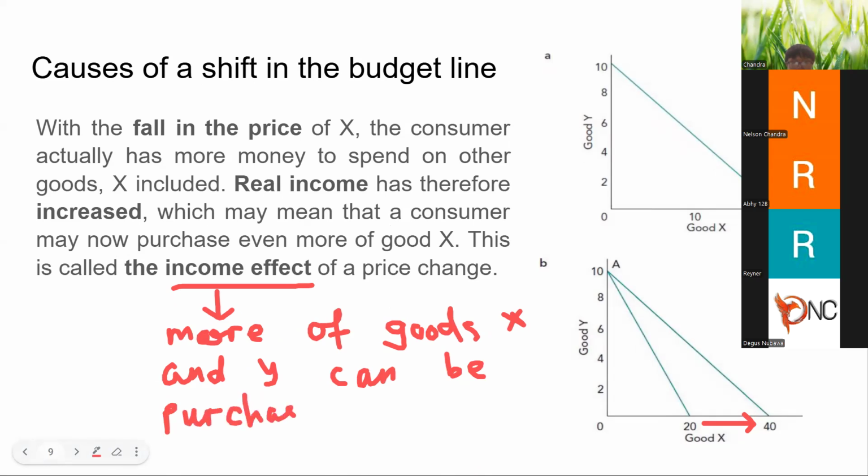More of goods X and Y can be purchased because of what?